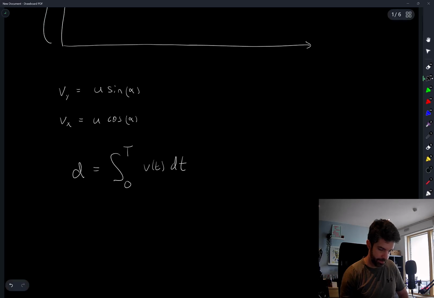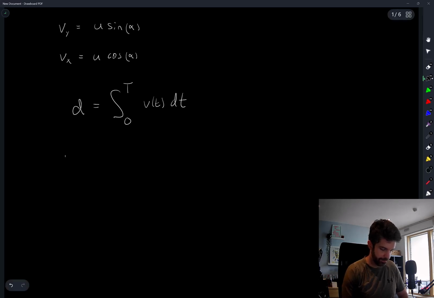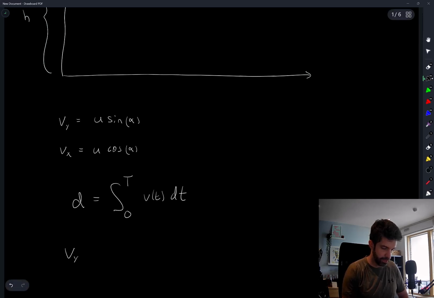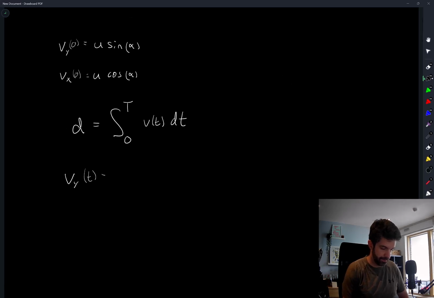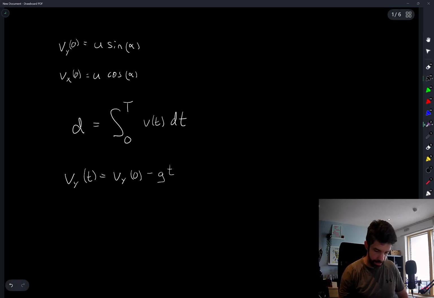And the velocity as a function of t in the y direction, let's call these both the velocity at time 0: the velocity at time t is equal to the velocity at time 0 plus, if we are using a sign convention that up is positive, minus g times t. The acceleration is constant at g and it's downwards, so g is the positive gravitational constant.